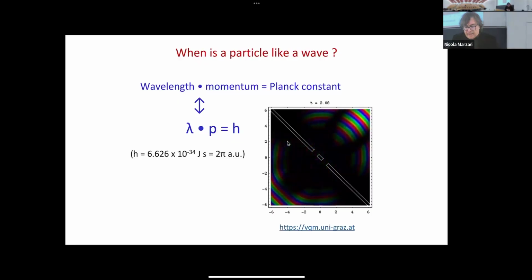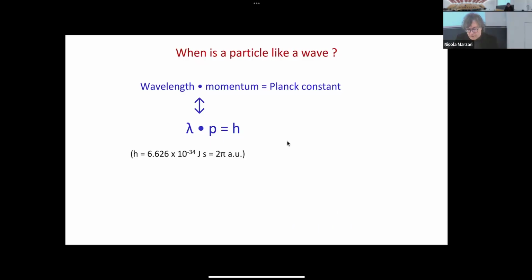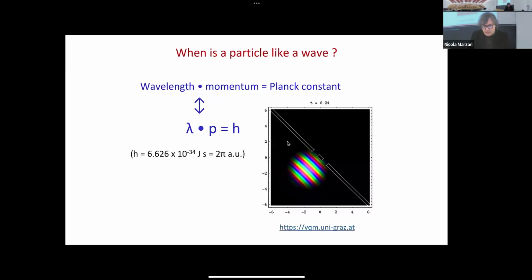This is an example of what it means to be wave-like. If I take an electron and shoot it towards a barrier that has a double opening, a bit like the Young double slit, the wave that represents the electron diffracts, and the diffracted pieces of the wave interfere with each other.